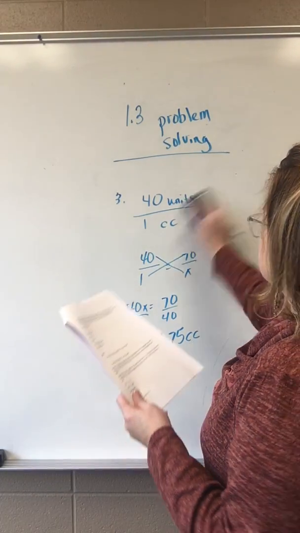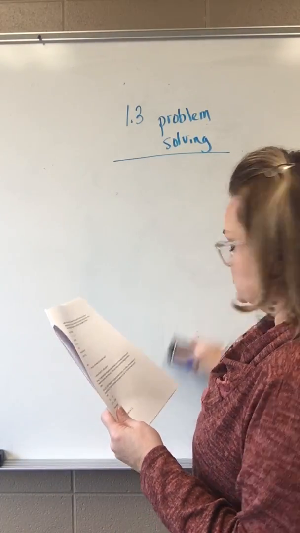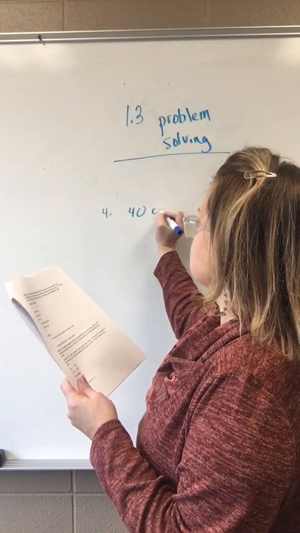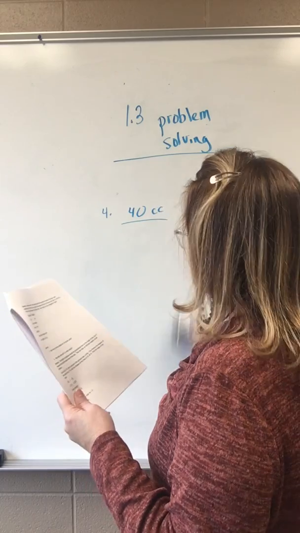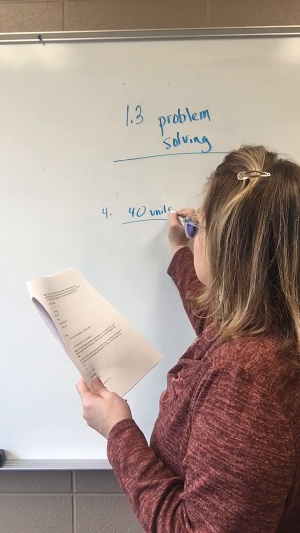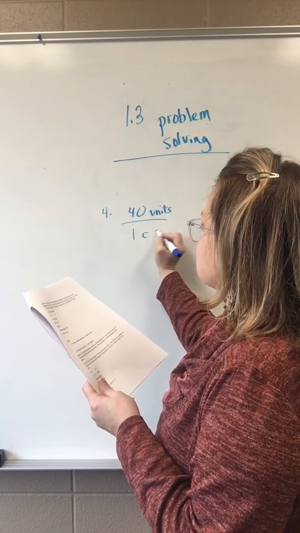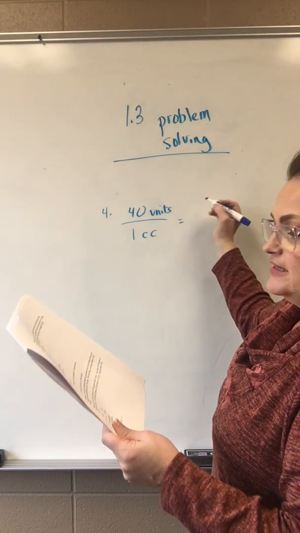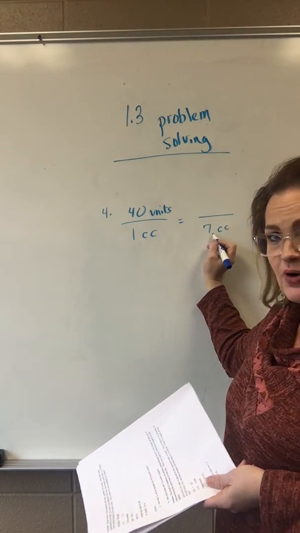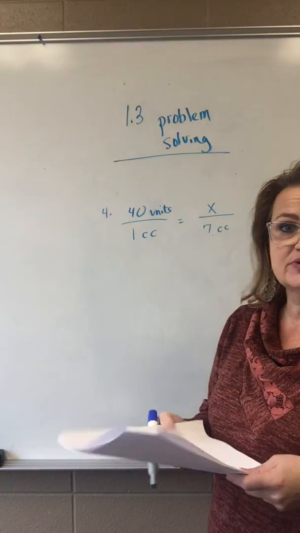Okay, the next example goes a little different and mixes it up on us. We've got 40, our base thing, 40 units is a cc. And this could be different depending on the directions, but in our direction it said 40 units is a cc. And then it says 7 cc. So they told me this part and didn't tell me how many units it was.